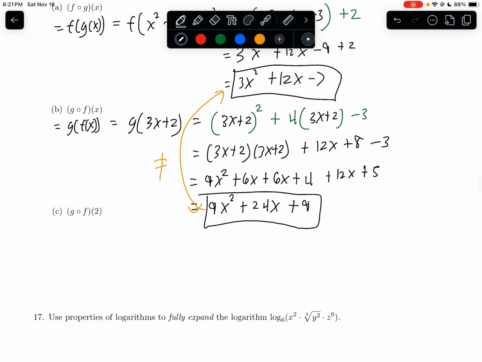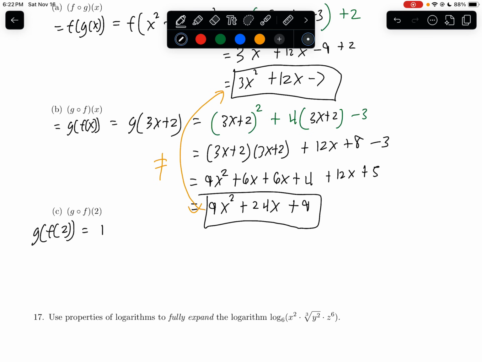Now, once you have that, you can do part C in 2 different ways. And this is explained in the solutions as well. You can either do this by using the formula that you just found in part B, or you can do it a different way. So let's do it by the part B formula, right? If I found g of f of x for any x, then I can just put in 2.